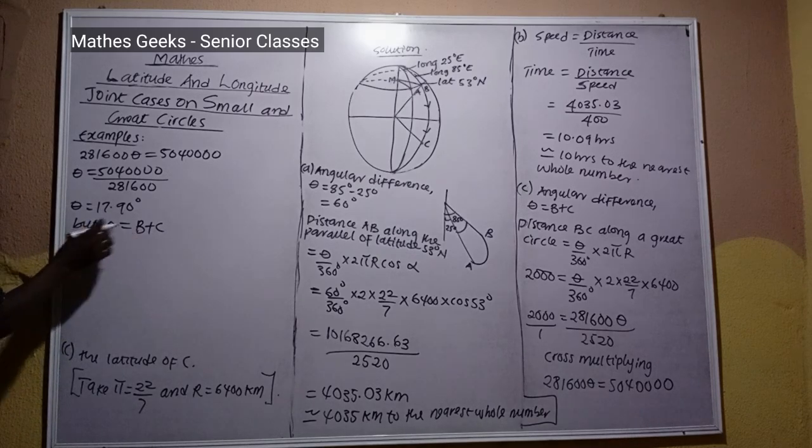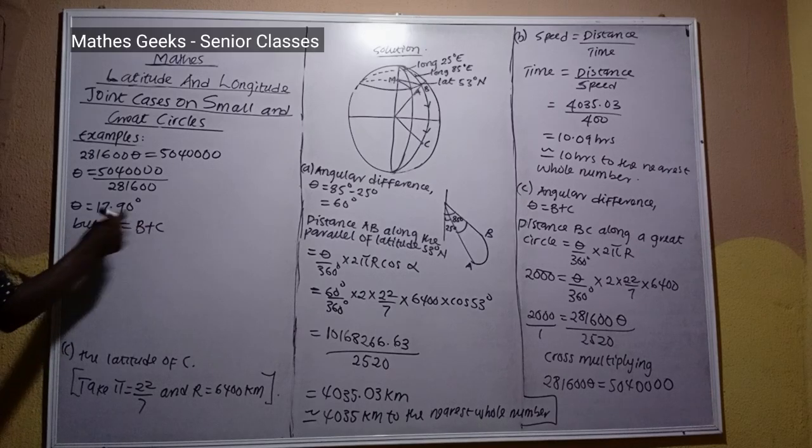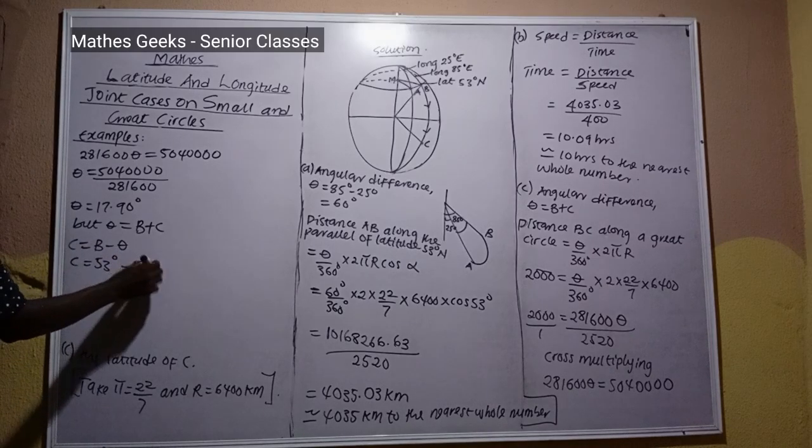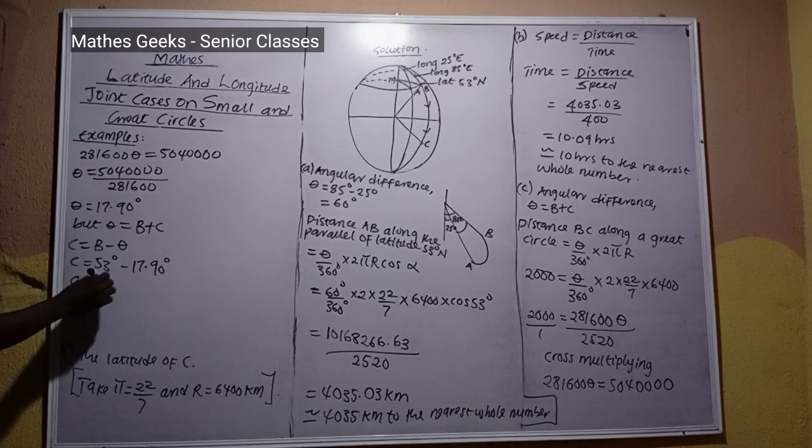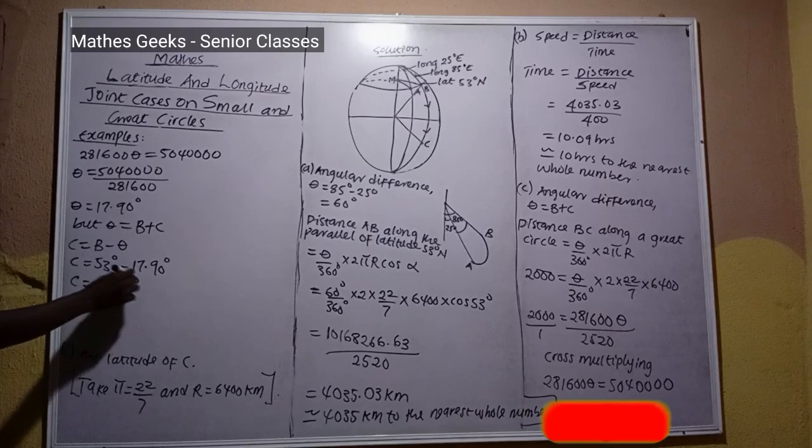But now we want to know the latitude of C. So C is equal to B minus theta. The latitude of B is 53 degrees, minus theta, which is 17.90 degrees. So C is equal to 53 minus 17.90, that's 35.10 degrees.